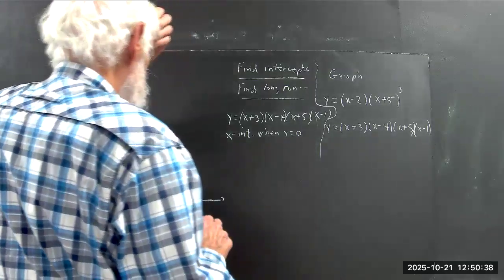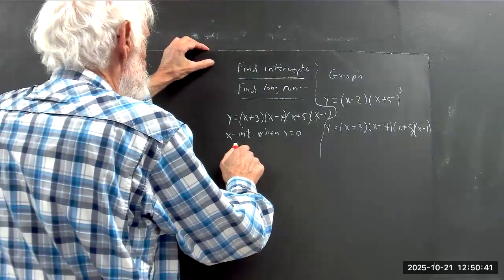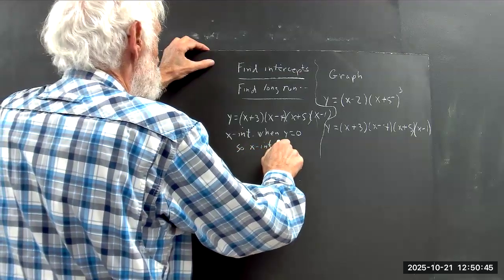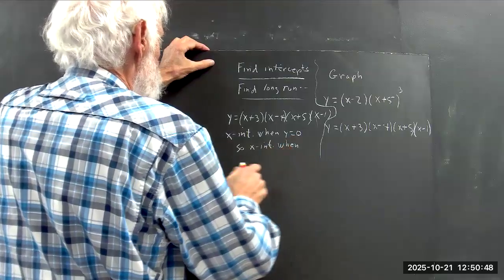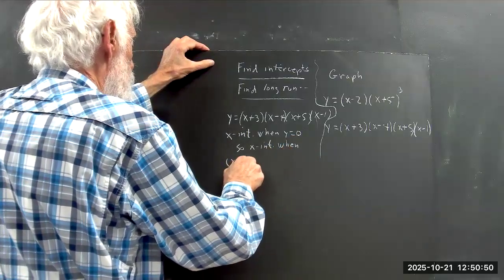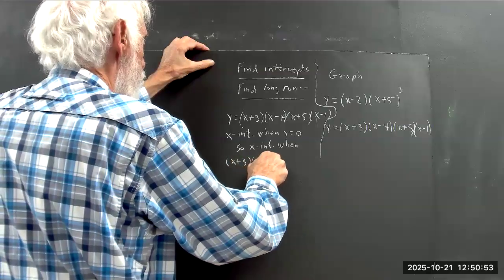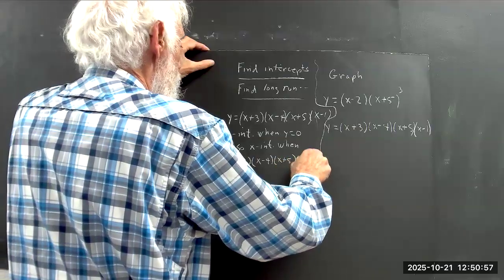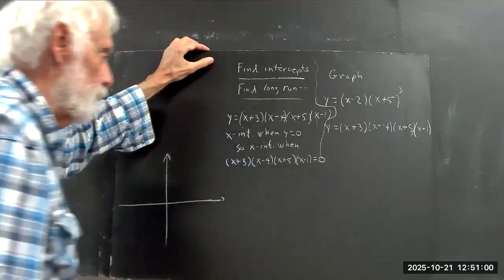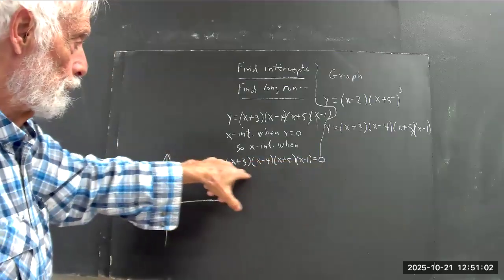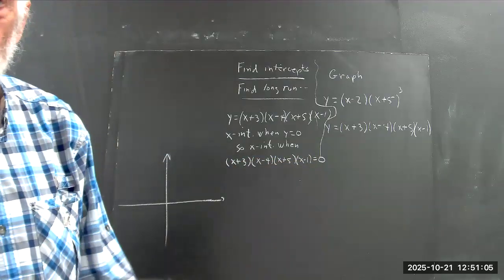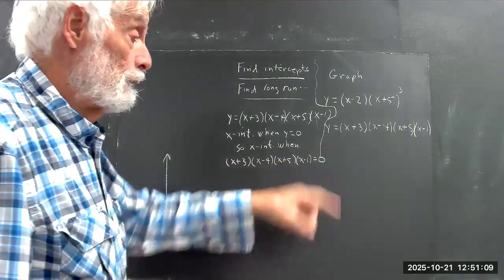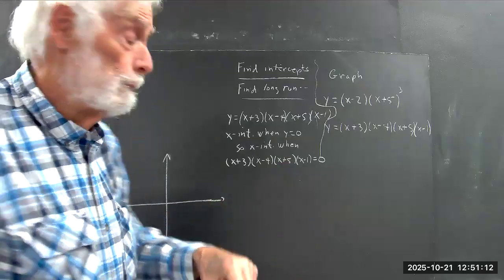X-intercept when y equals 0. So x-intercept when this product is 0. Now, the only way the product can be 0 is if one of the terms, or one of the factors, I'm sorry, is 0.